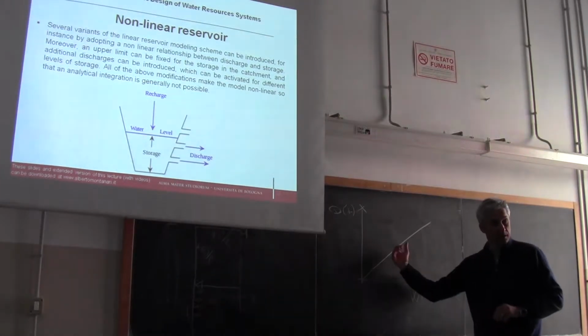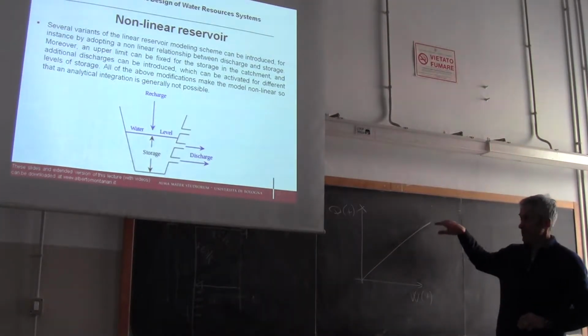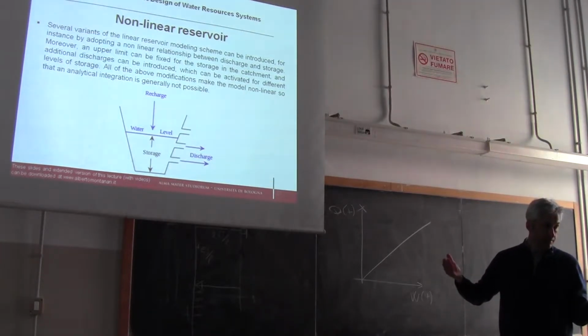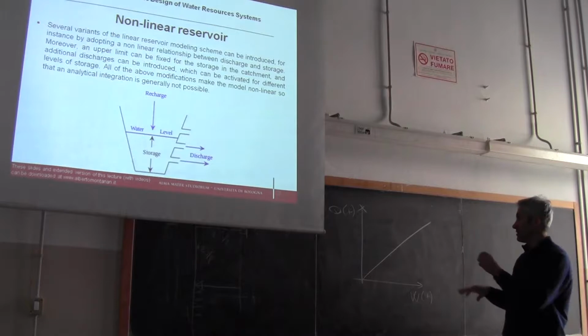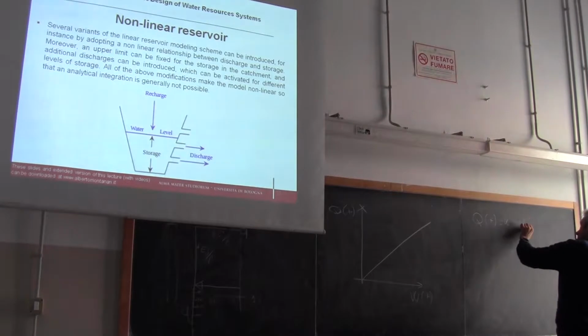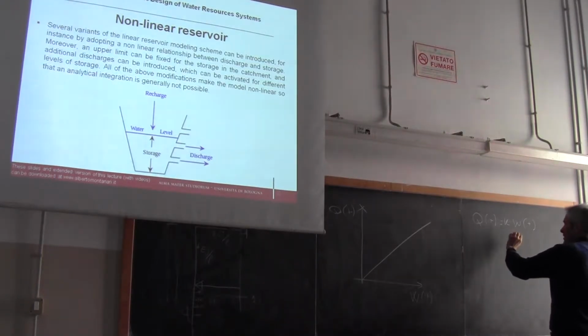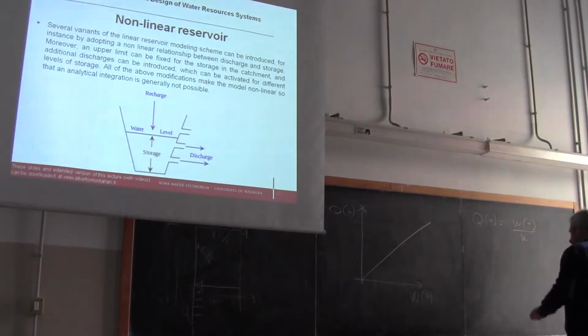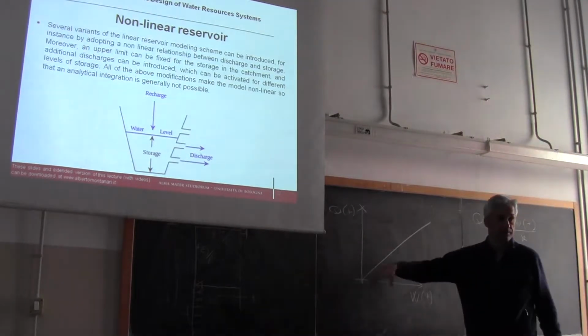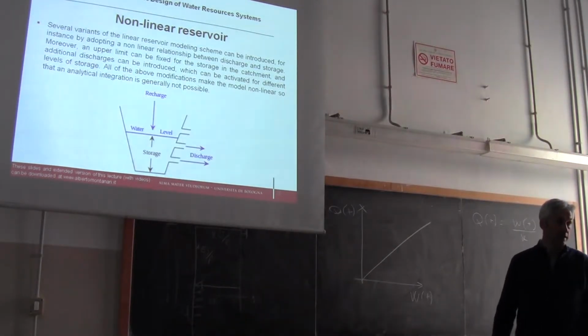And the slope of this rectilinear segment is dictated by K. K is the constant that is introduced, it's W divided by K, the constant that is introduced in order to relate outflow to storage. So K dictates the slope of this rectilinear segment, linear segment.